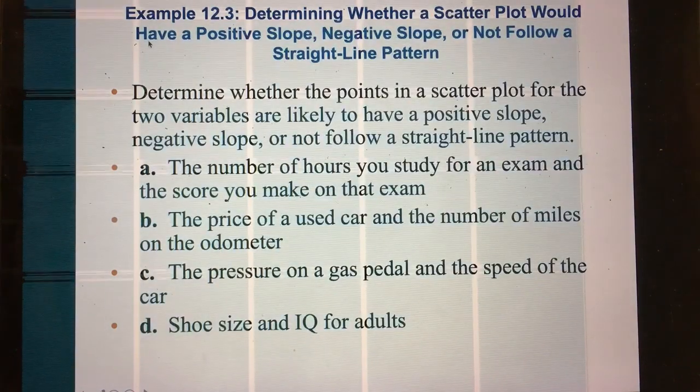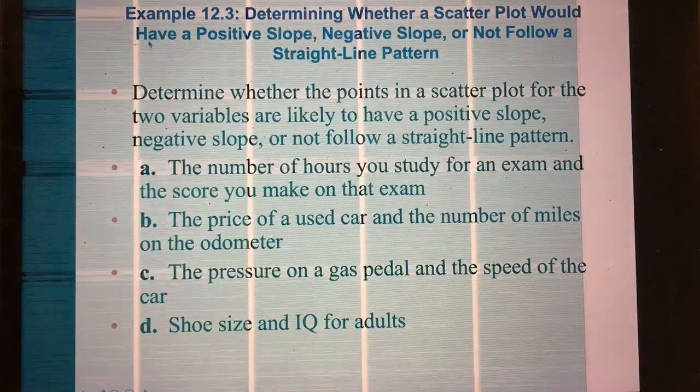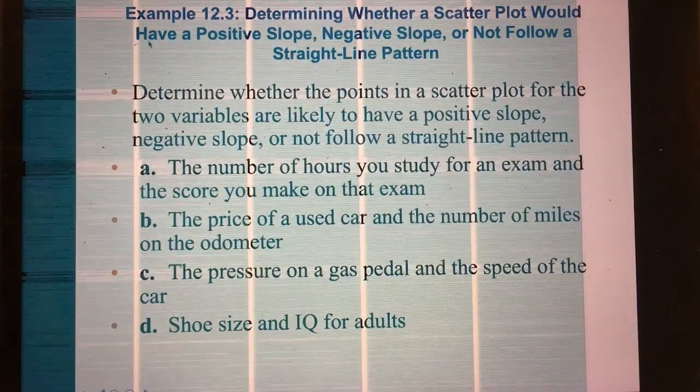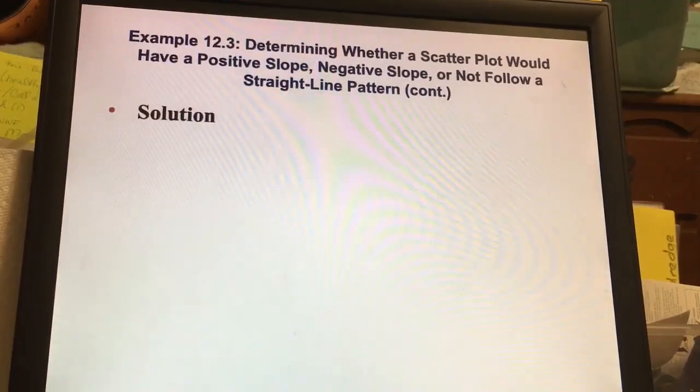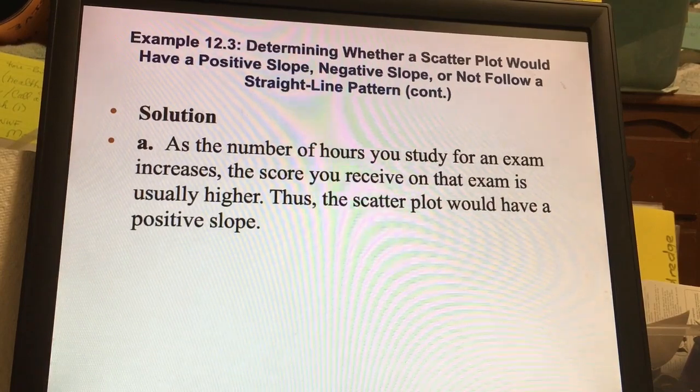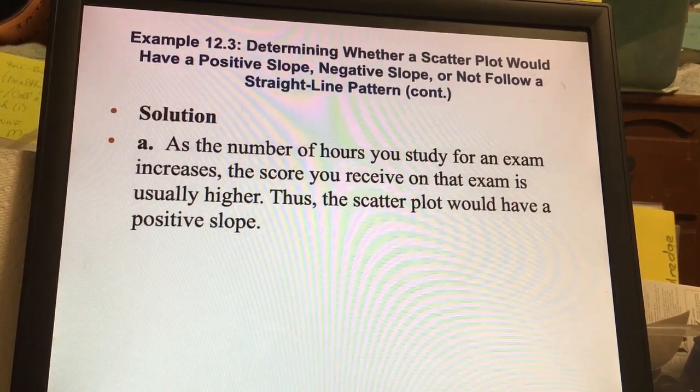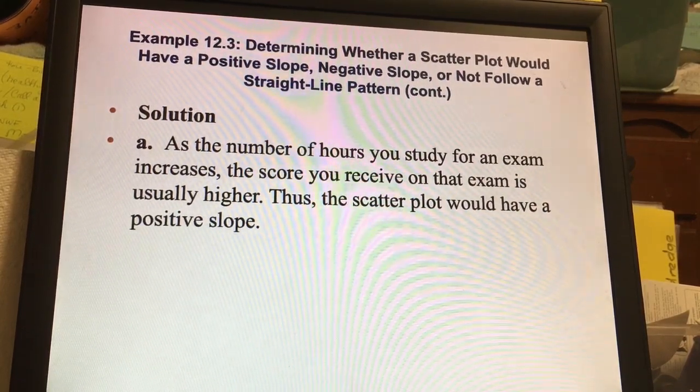So that would be a positive correlation. And shoe size and IQ. Well, since shoe size has no effect on IQ whatsoever, as far as we know, we should see no correlation for that one. I'm sorry about my screen. My computer is dying.